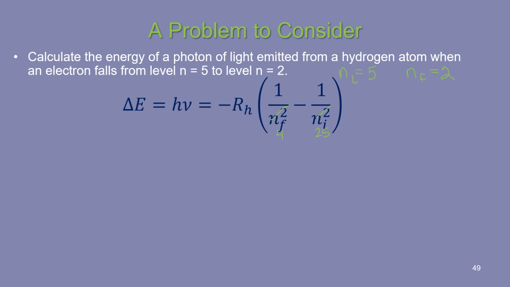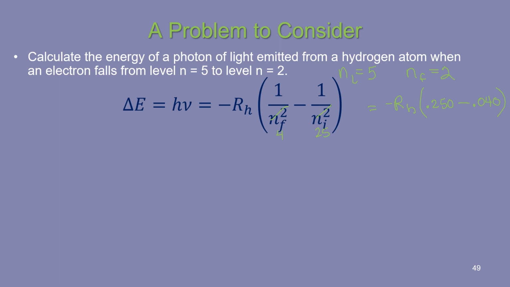So I would just get the calculator out. It's going to be negative RH times 1 over 4, which is 0.25, minus 1 over 25, which is 0.04. I'm keeping 3 sig figs because I'll use RH to 3 sig figs.